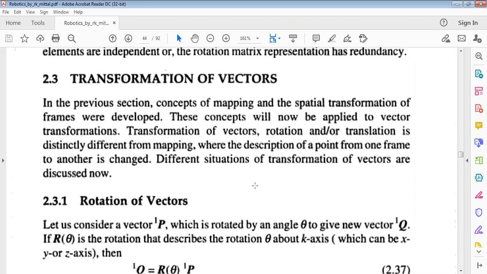Transformation of vectors: what is a vector? Suppose there is a reference frame, frame 1.